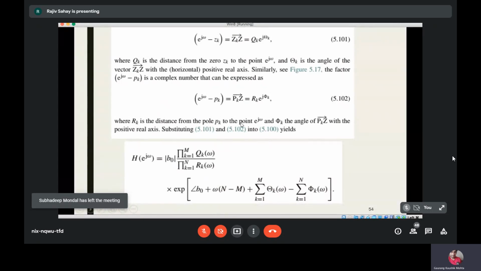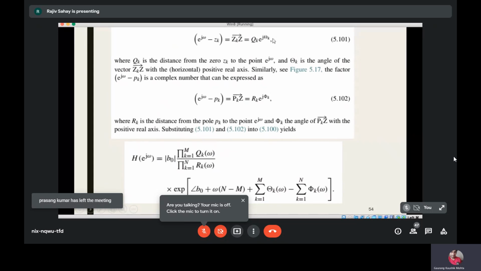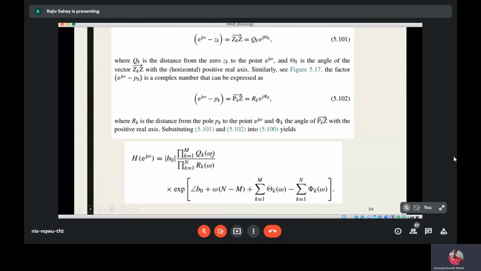So now we can see that to replace, the notation becomes very simple. It is just capital Qk of omega divided by capital Rk of omega, because the lengths are given like this. So capital Qk of omega means a function of omega, but with Qk as the length of the vector. This entire thing is this vector.